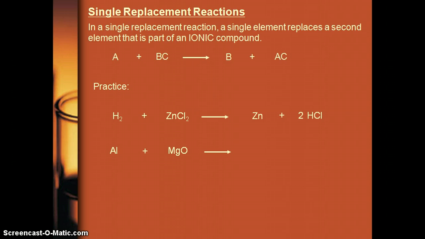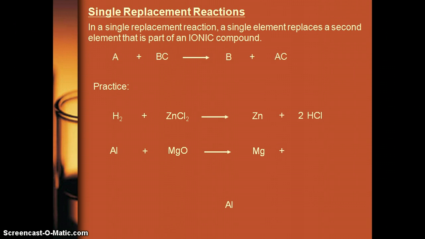Okay? All right. I want you to pause the video at this point again and try aluminum and magnesium oxide. Okay. If you broke apart the magnesium oxide, because of course the first thing you want to do is break apart your couple, you end up with magnesium by itself. That magnesium, as the metal ion, is going to be replaced by the aluminum, also a metal ion.